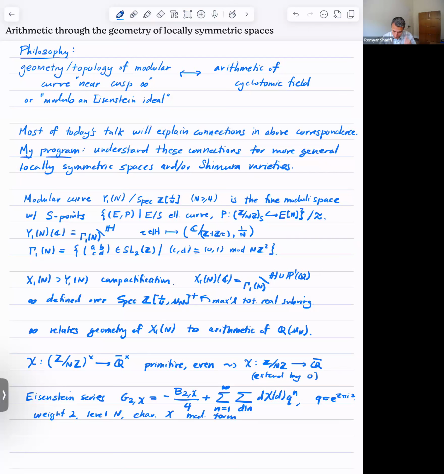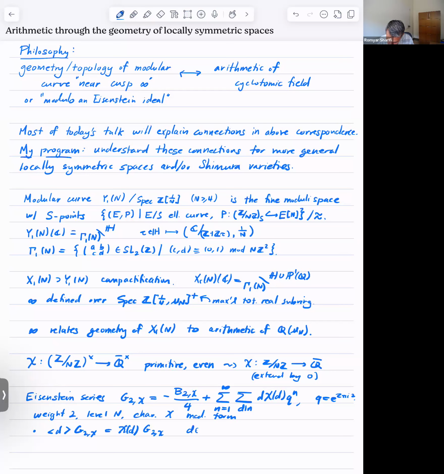Okay, and it's an eigenform for the action of all Hecke operators. So in particular, this can be read off from the coefficients, but the diamond operators for d in (Z/nZ)^× act via the character chi.